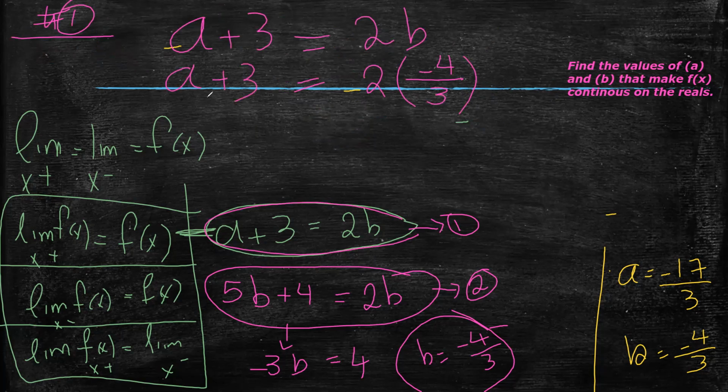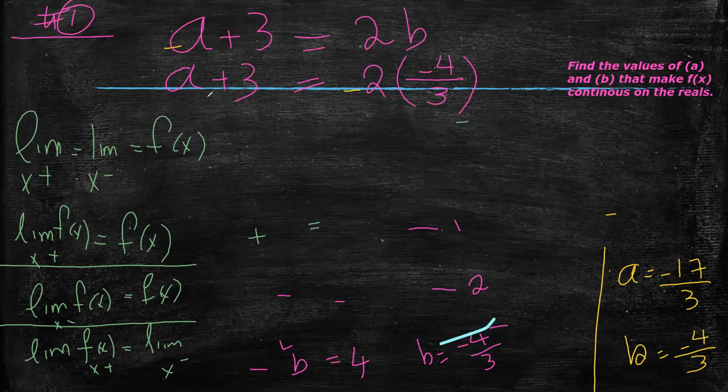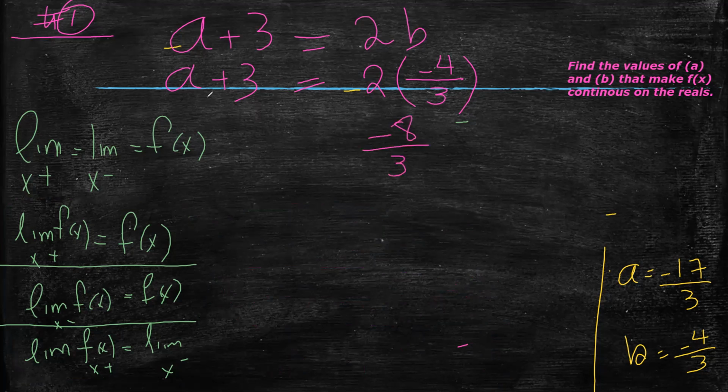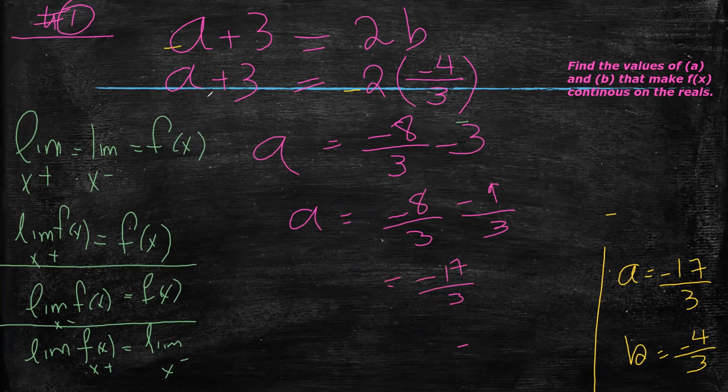Then after that, just do the math. 2 times negative 4 over 3 is negative 8 over 3, minus 3 is equal to the value of a. So a is negative 8 over 3 and negative 3, which you can write as negative 9 over 3. Just make them with the same denominator. So the answer will be negative 17 over 3.